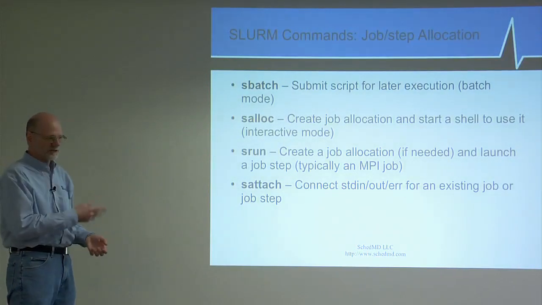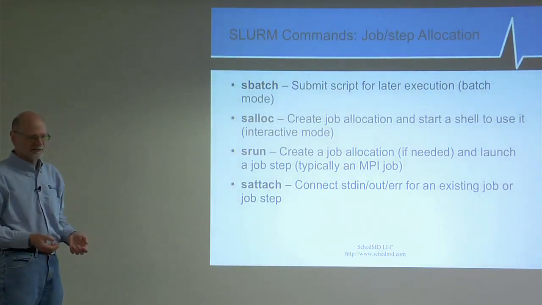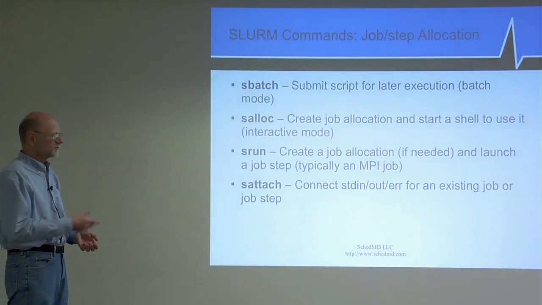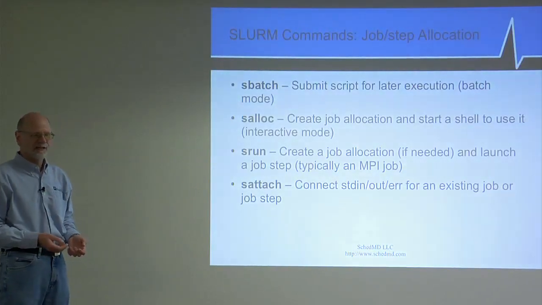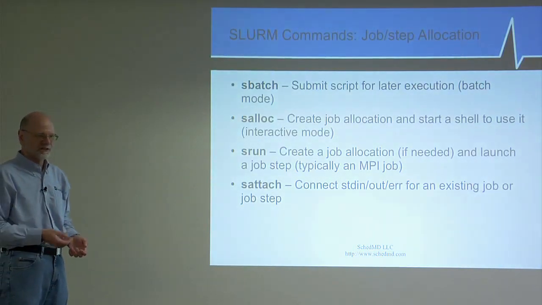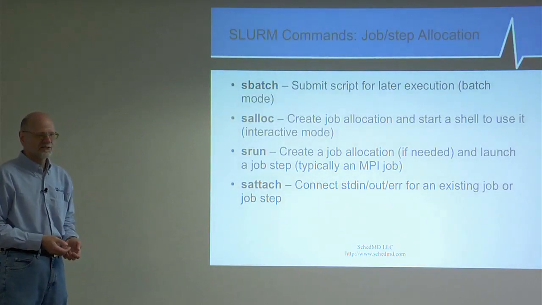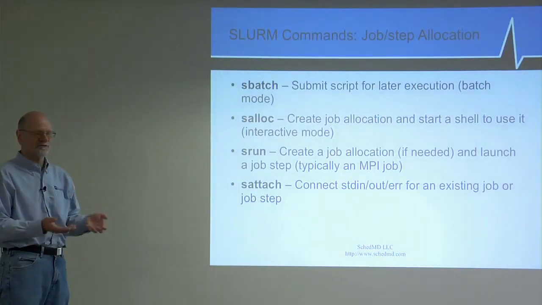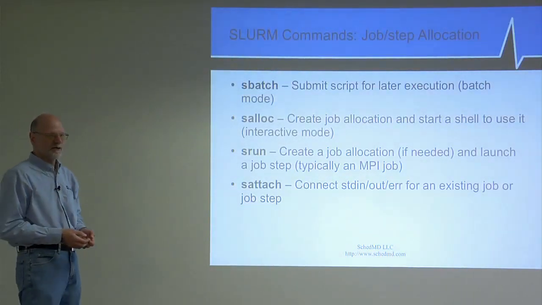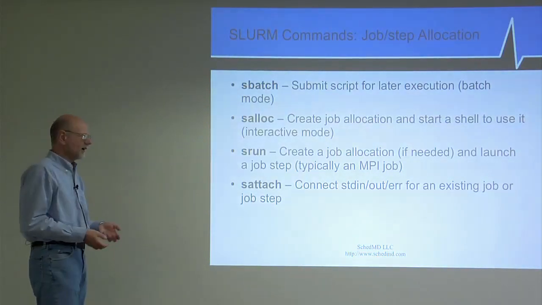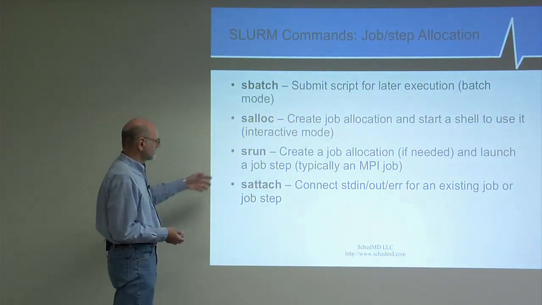So salloc -n16, give me 16 CPUs, bash. What'll happen is as soon as it gets those resources allocated, then you get the bash shell prompt, and it has various environment variables set up. So at that point, you can launch your MPI job within that allocation.